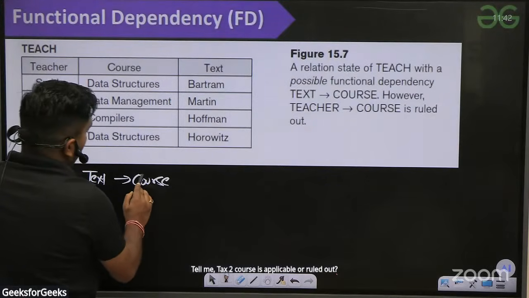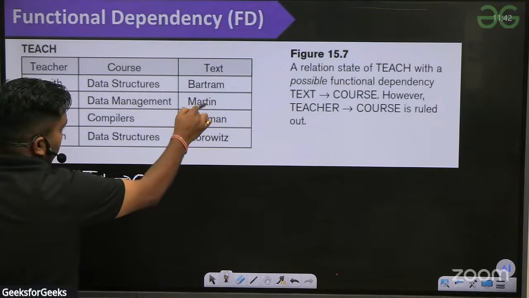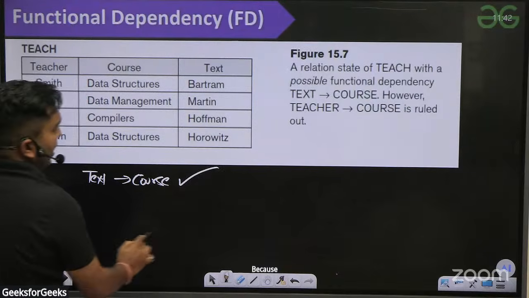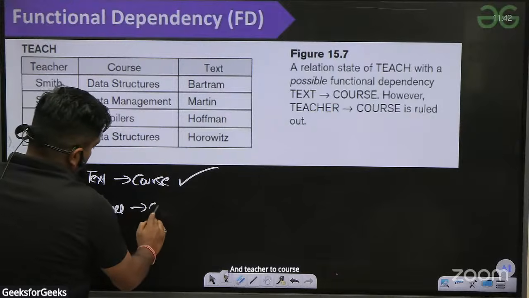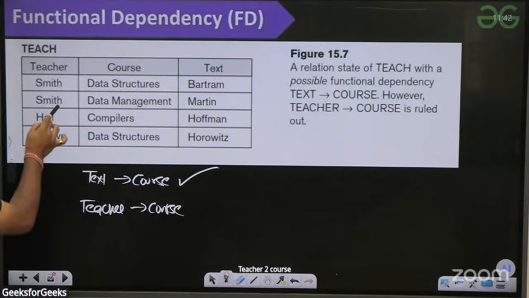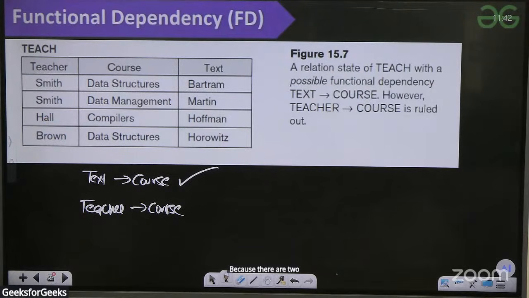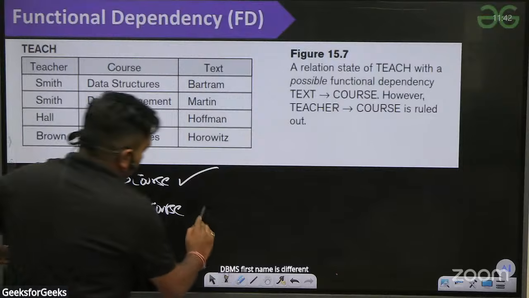And teacher to course, because there is a teacher attribute with the same name Smith, but the data structure and DBMS course names are different, so that is ruled out.